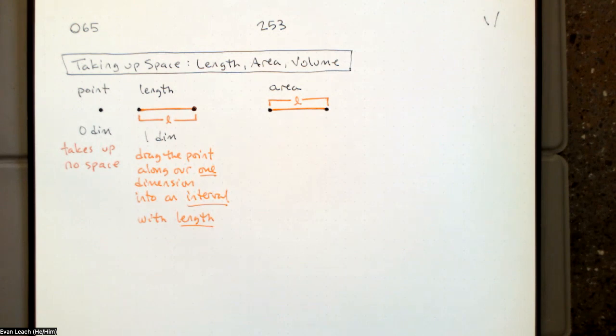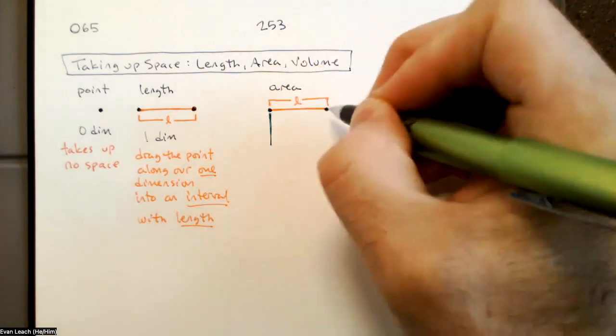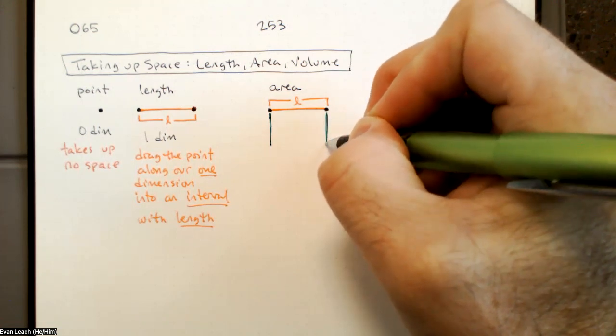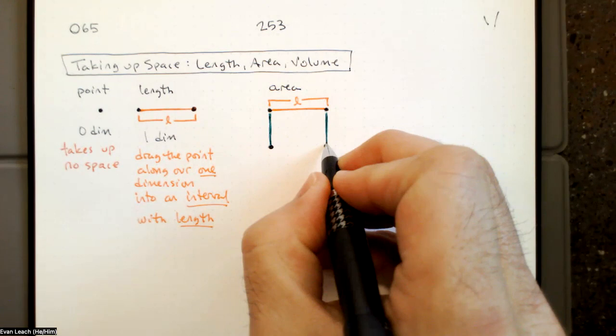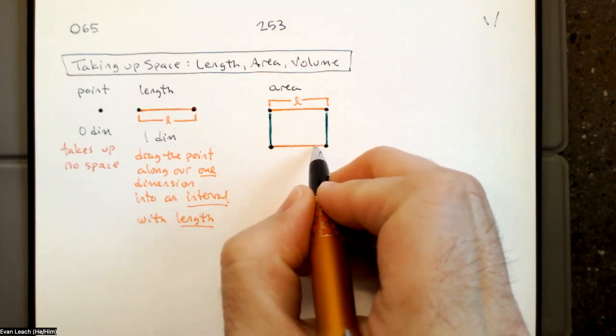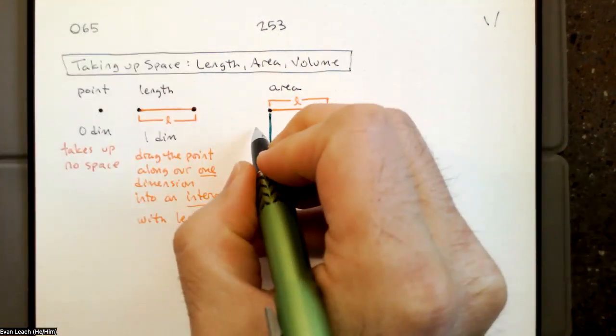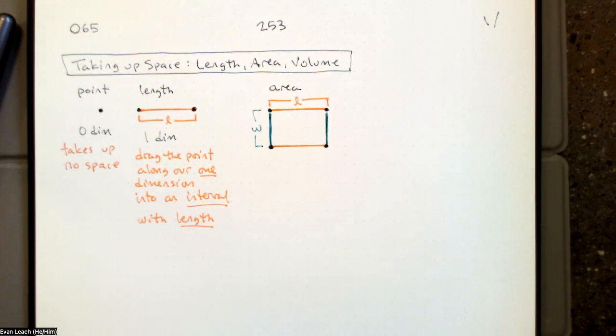We're going to take our interval and drag it into our second dimension, maintaining its length, and we'll have a two-dimensional area.